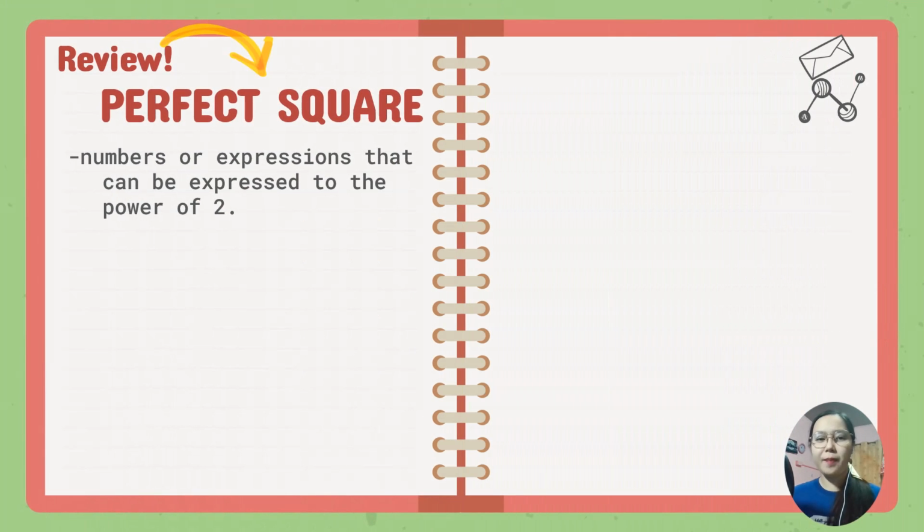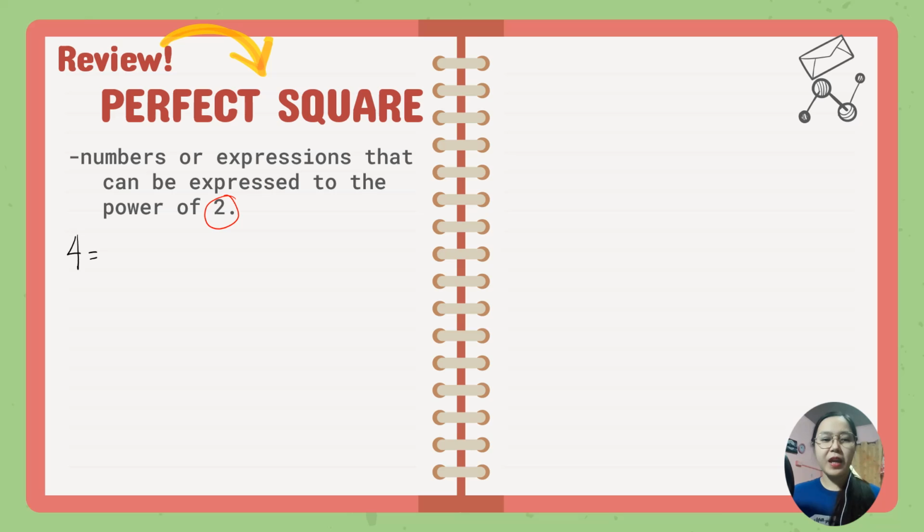Let's have a review about the perfect square. It is stated here that it's a number or expression that can be expressed in the power of 2. Is number 4 considered a perfect square? Let's see.